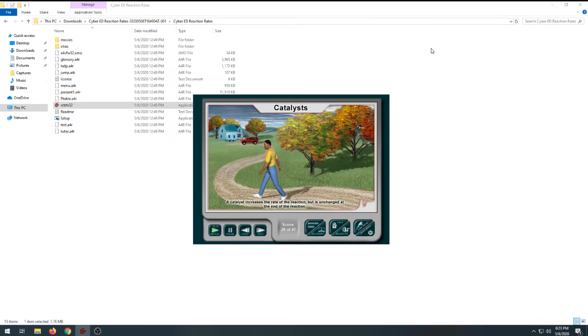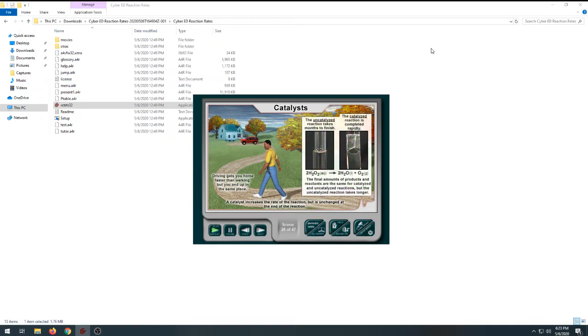Earlier in the program, you learned that a catalyst is a substance that increases the rate of a reaction, but is unchanged at the end of the reaction. Catalyzing a reaction is similar to driving a car home versus walking home. You will end up in the same place, but driving the car will get you there faster.